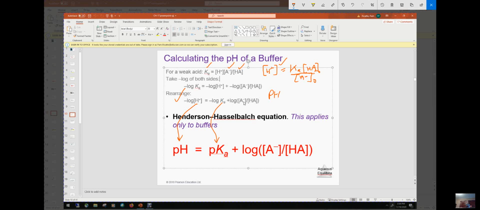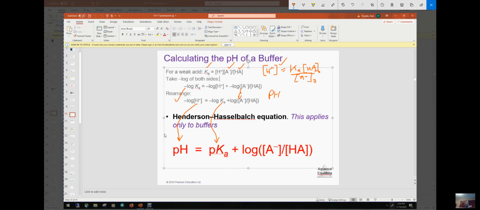So just this guy is negative plus a negative over here, and the way the rules for logs go, if I take the positive version of it, these two things are going to flip. Look, this one has A minus in the numerator and HA in the denominator. This one has the opposite. Well, that comes from the rules of logs.